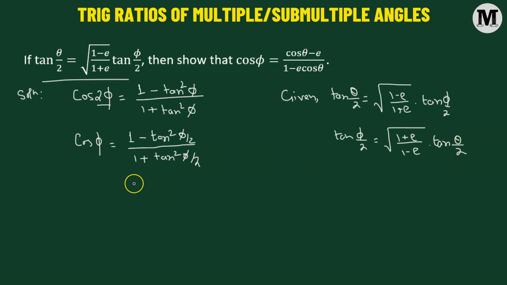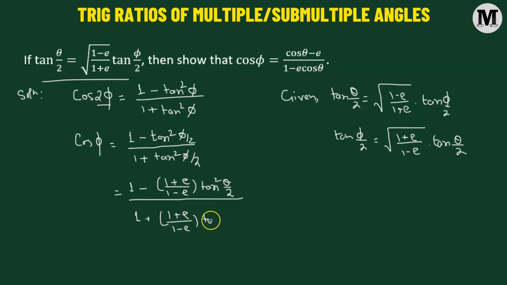We'll substitute this value here, such that we now have 1 minus (1 plus e) divided by (1 minus e) multiplied to tangent squared theta over 2, whole divided by 1 plus, now squaring tangent phi over 2, that gives us (1 plus e) over (1 minus e) times tangent squared theta over 2.